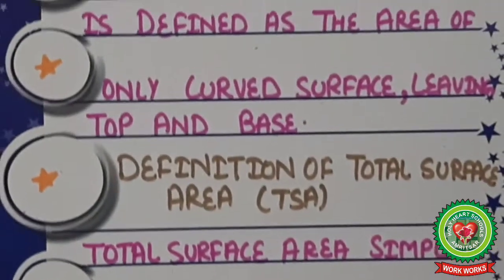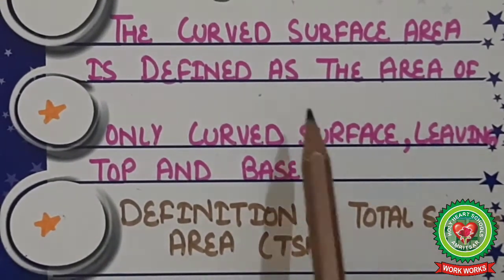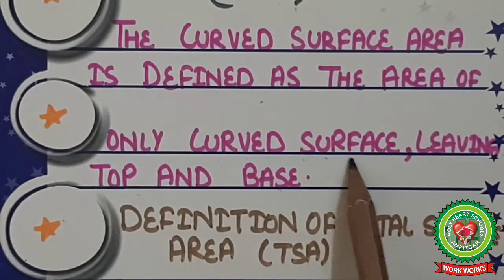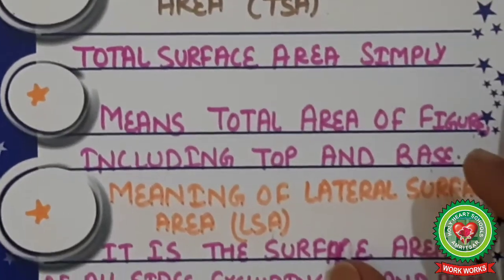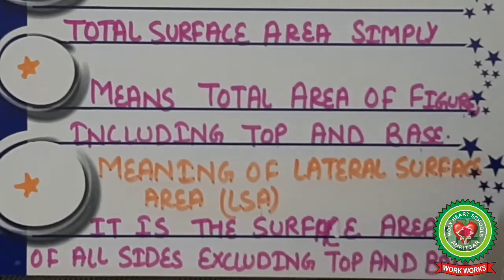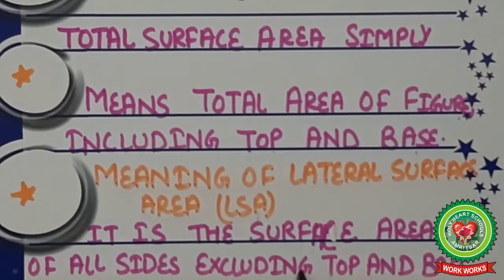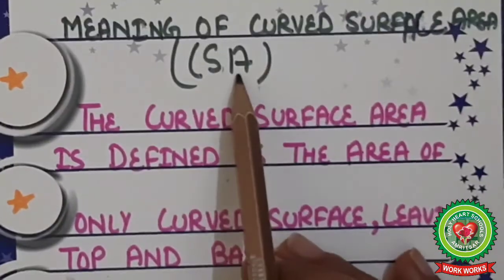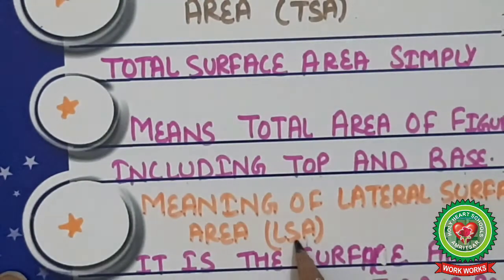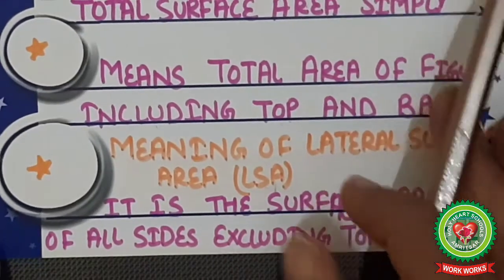Curved surface area was the area of only curves, but lateral surface area is the area of all its sides. So this is the main difference between curved surface area and lateral surface area, means LSA.